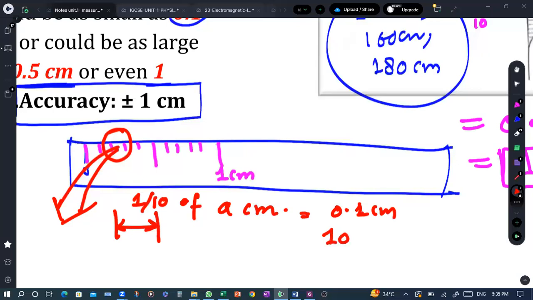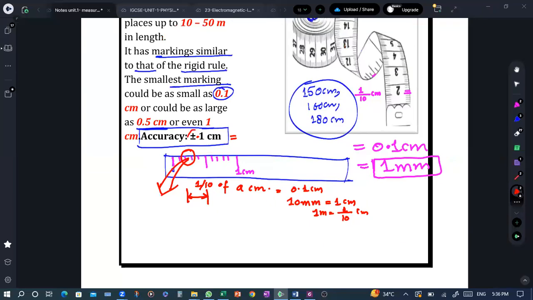As I told you, 10 millimeters are equal to 1 centimeter. So here it was 1 millimeter because it was 1/10 centimeter. So this can give you an accuracy of 0.1 centimeter. This was incorrect earlier. This was 0.1 centimeter, or 1 millimeter. Is this clear to all?